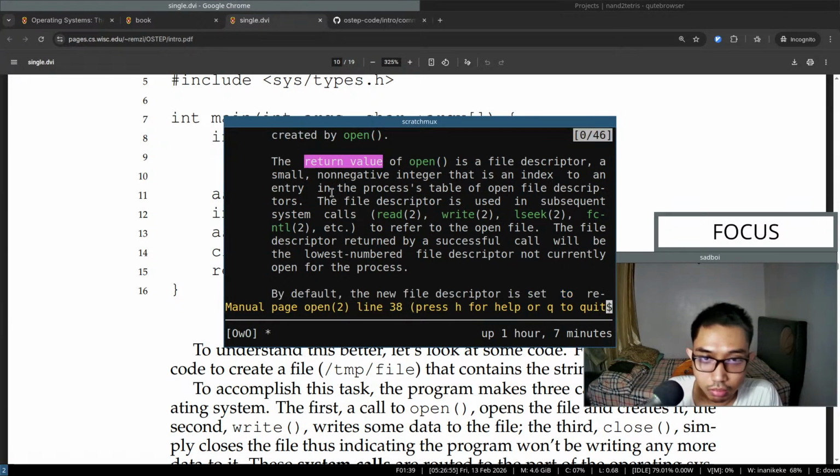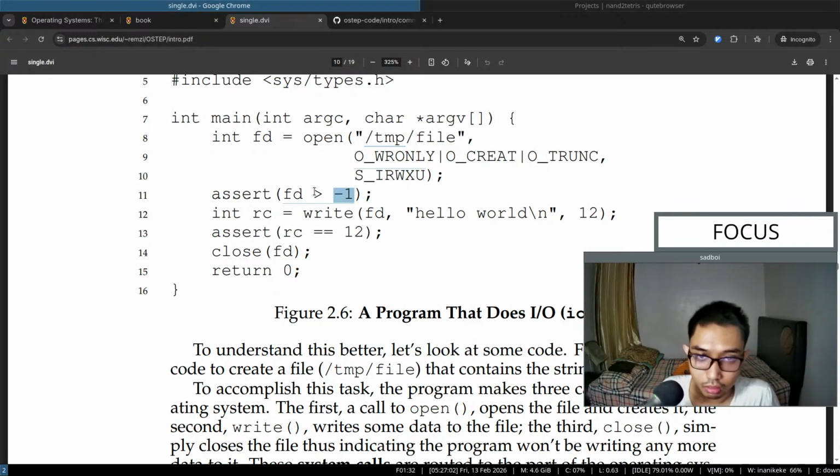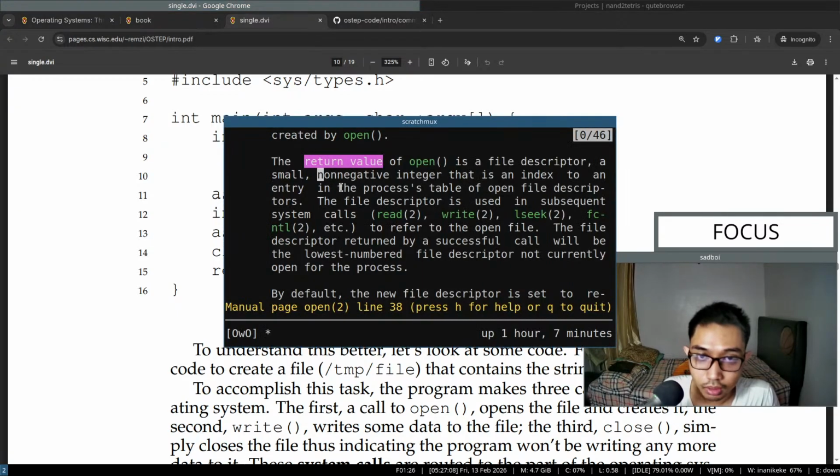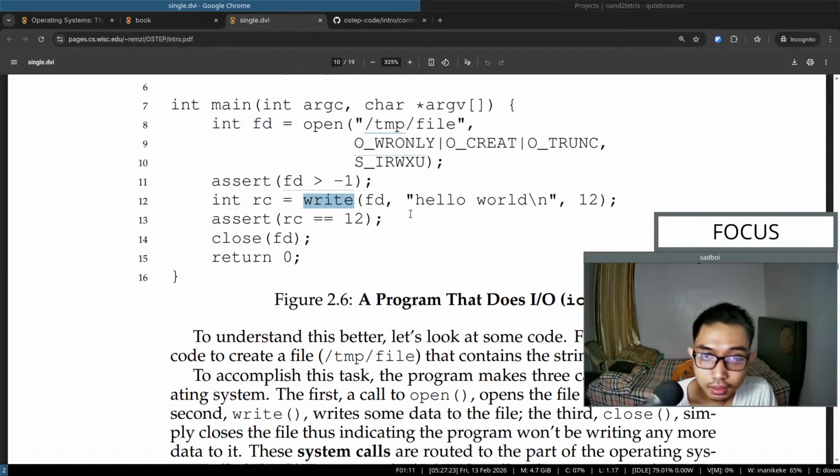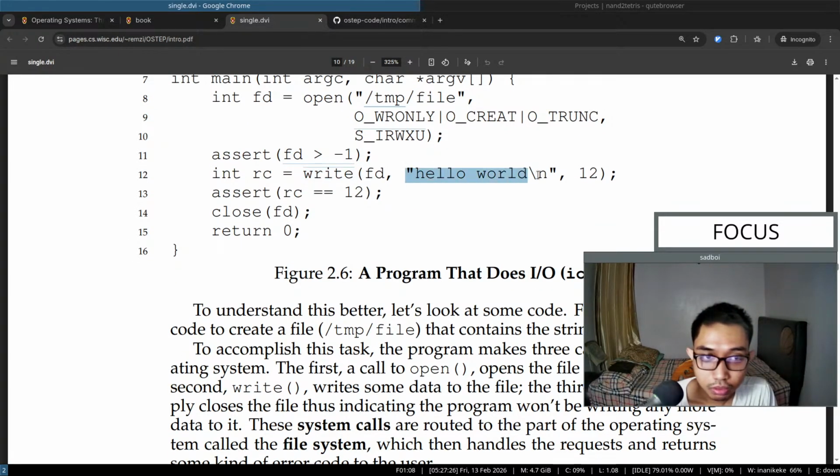A small non-negative integer. Okay, so if it is equal to -1 or less than -1, any negative value maybe, it will fail, right? Right. Okay.